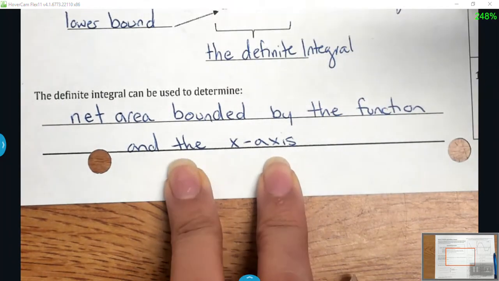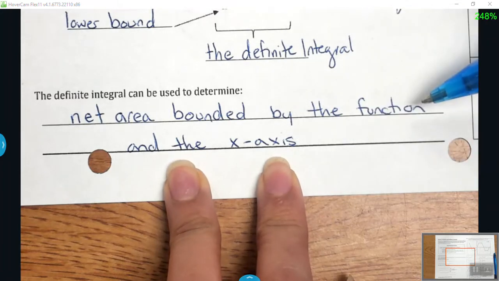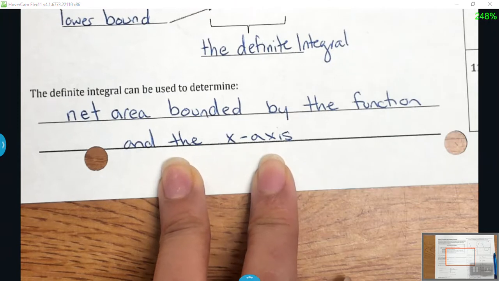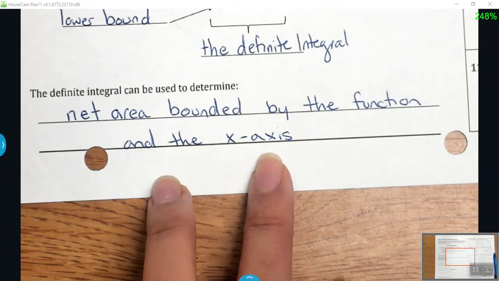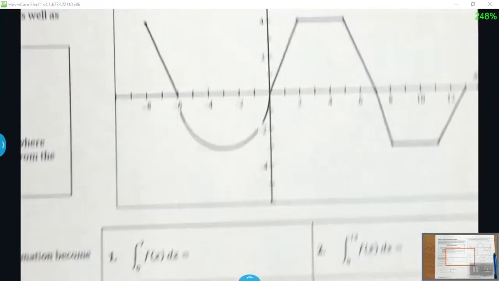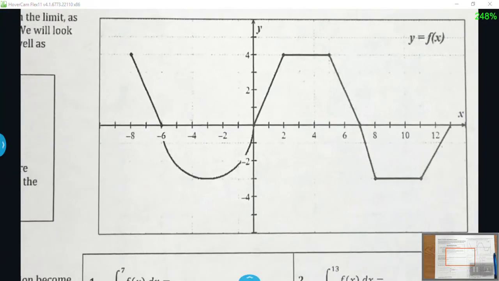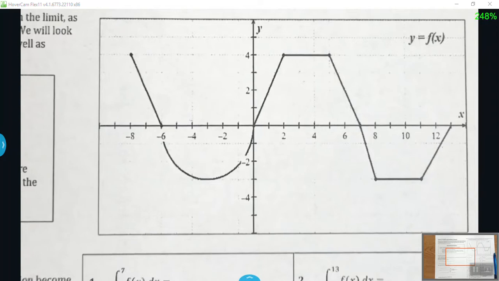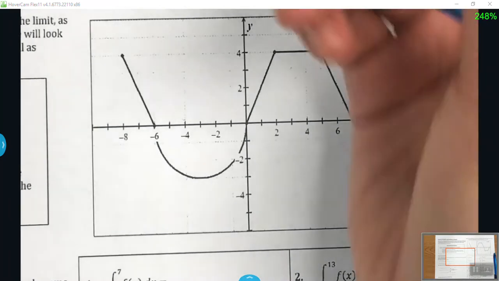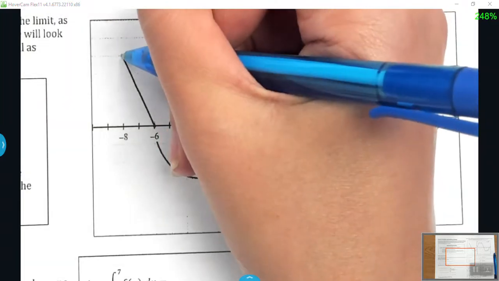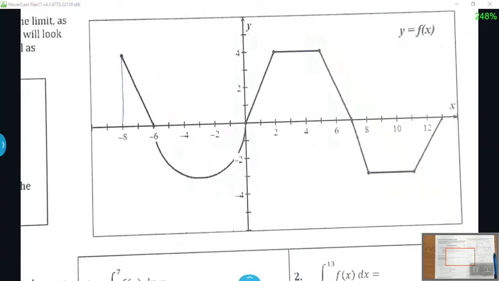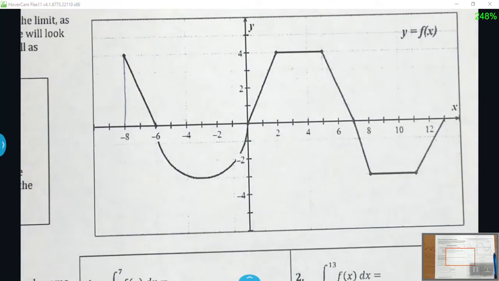If it's below the axis, the top is the x-axis and the bottom is the function. We're going to evaluate some definite integrals using lines and shapes that are easy to calculate the area of. Before we start, I'm going to calculate the area from the function to the x-axis of each little piece. Sometimes that helps first.